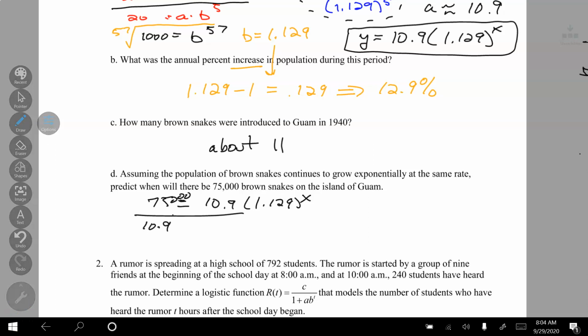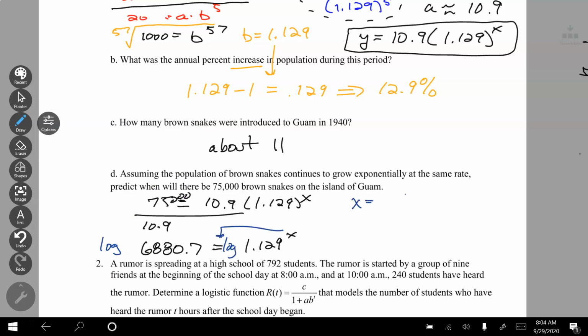So I did 75,000 divided by 10.9. I got about 6880.7 is equal to 1.129 raised to the x. So now I'm going to log both sides. This x goes in front.